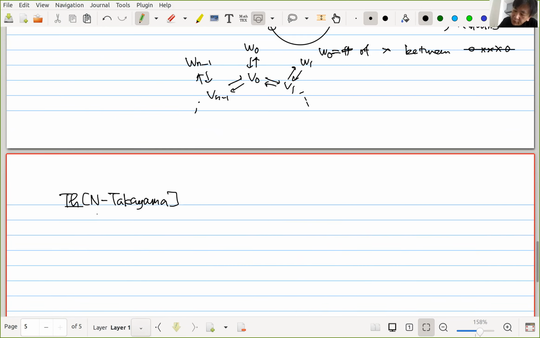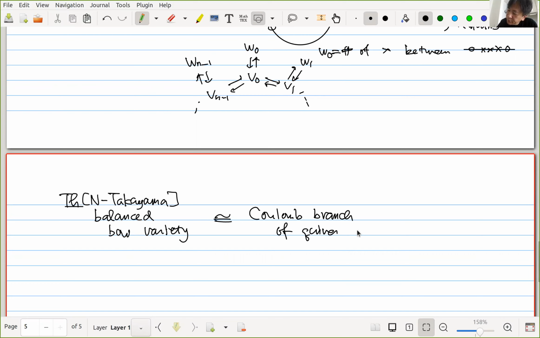If instead I assume the balanced condition, then this is isomorphic to the Coulomb branch of a quiver gauge theory of affine type A.